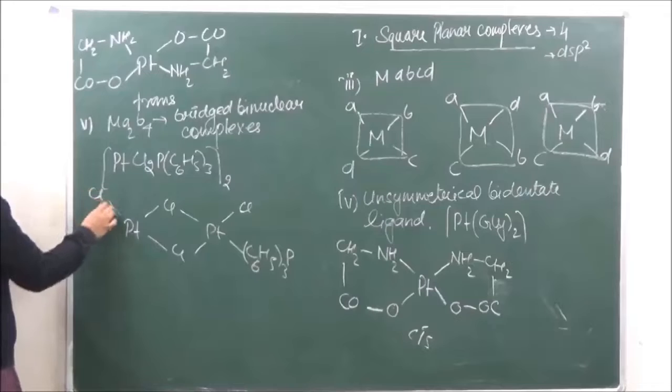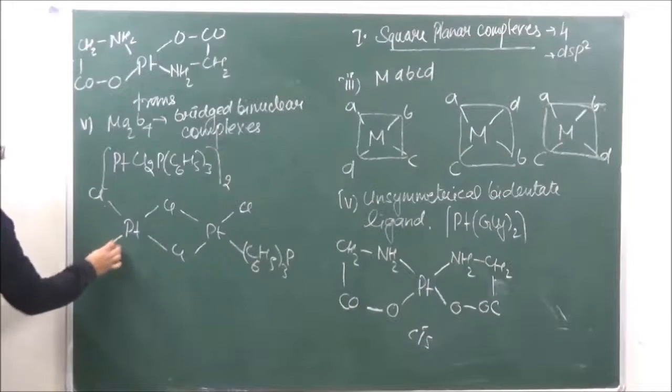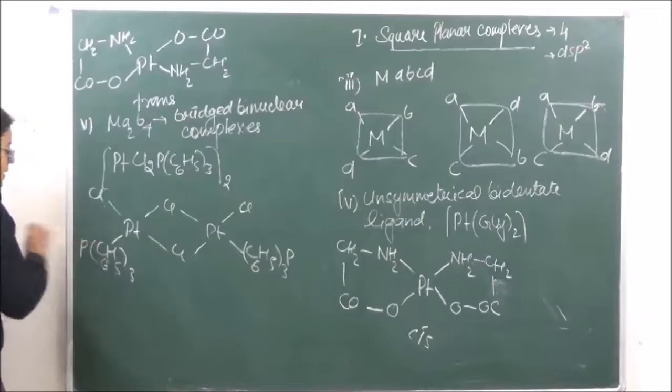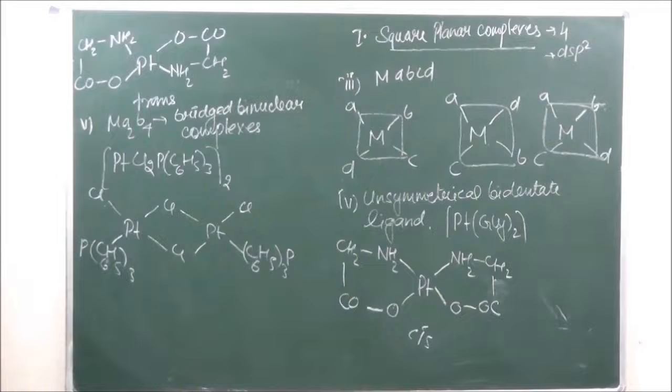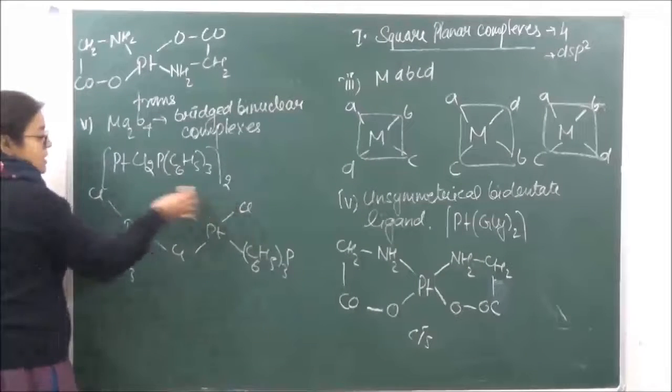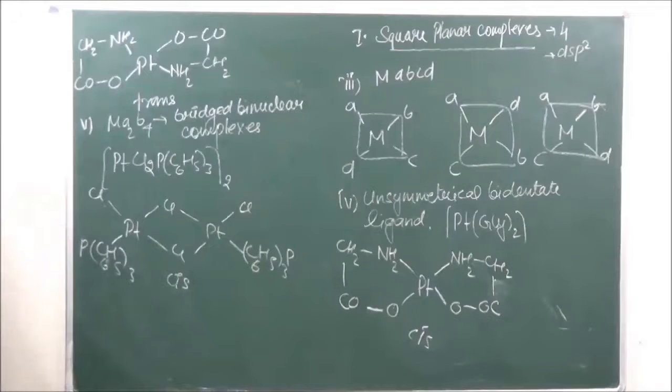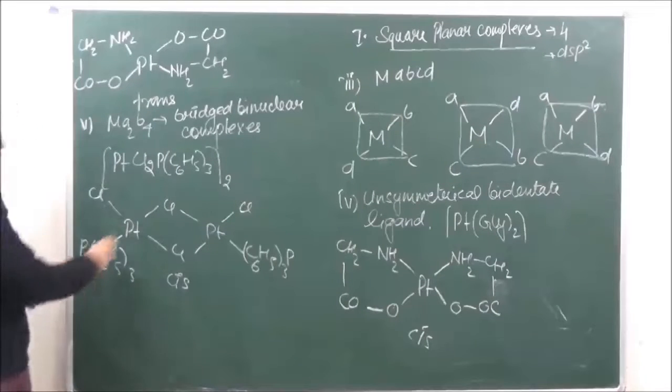Over here chlorine is on the same side, and similarly triphenyl phosphine is also on the same side, right? Now because this is on the same side over here, then this is an example of cis isomer or the cis form. Okay? Now what will happen in its trans form?